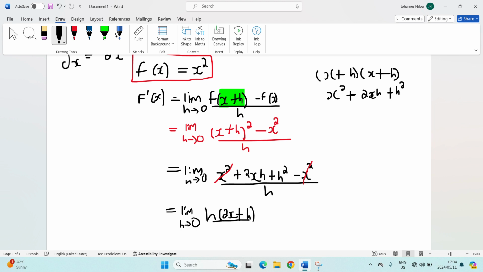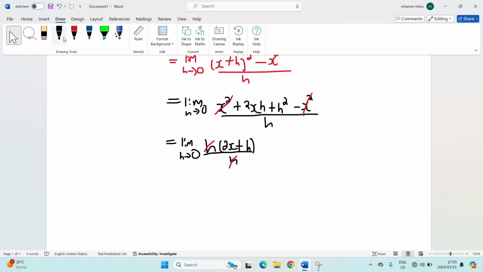And then I divide by h. Now, when I'm on this part, I can divide this one by this one. The answer will be the limit as h approaches 0 of 2x plus h.